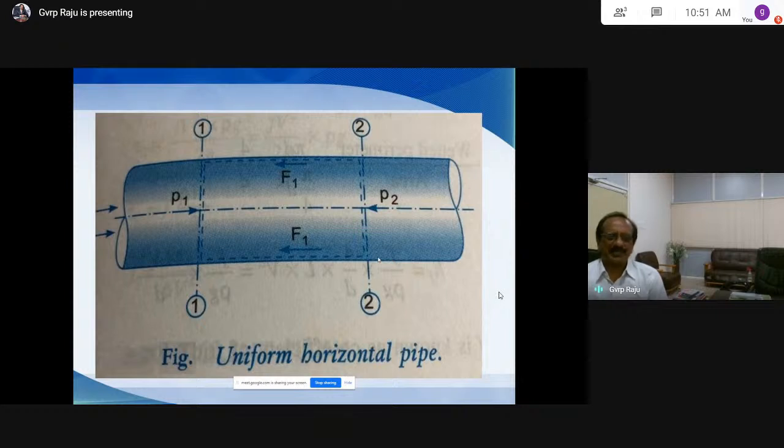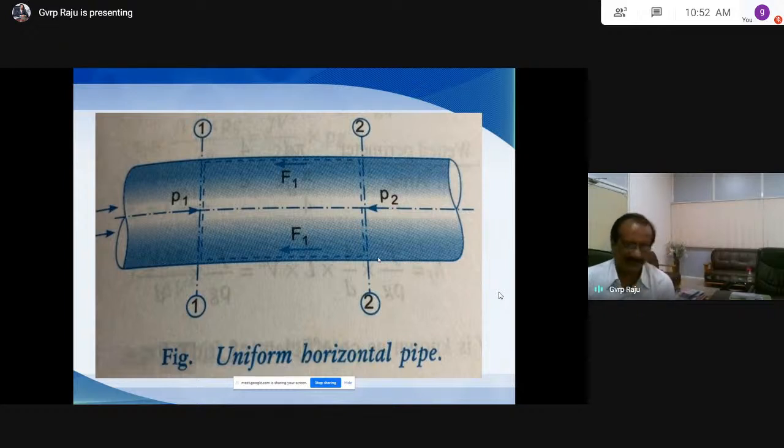P1 and P2 are not the same, V1 and V2 are the same, and Z1 and Z2 are the same. Then the equation is P1 by W plus 0 is equal to P2 by W plus 0 plus HF. The losses are only due to friction. So HF is equal to P1 by W minus P2 by W. The head loss due to friction is equal to P1 by W minus P2 by W.